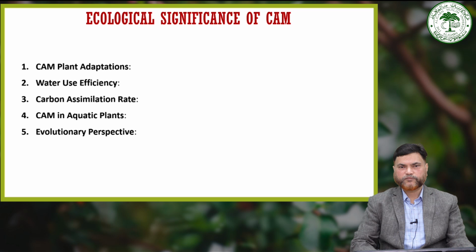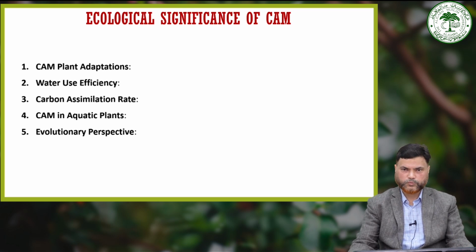Now, what is the significance of the CAM pathway? We will discuss what adaptations made CAM plants very effective at carrying out photosynthesis. As I mentioned earlier, CAM plants are well suited to dry places like deserts, with a unique ability to grow and attain biomass even when there is little rain or a lot of evaporation.